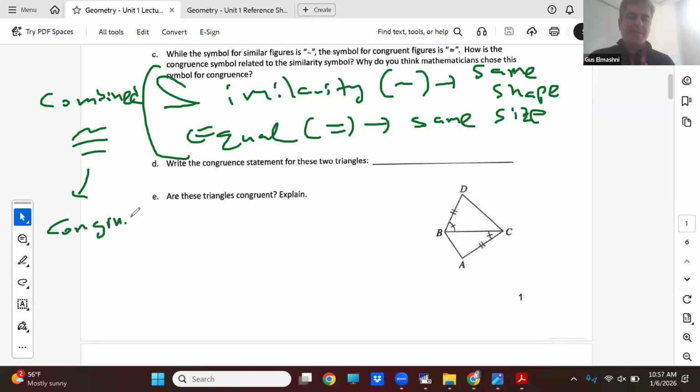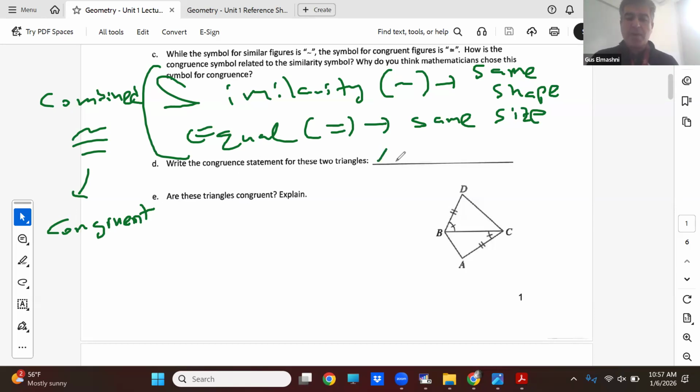I shouldn't say this, but it's kind of dumb, because obviously if they're equal, they're going to be the same shape. It's a formality, really, more than anything else. So that's why it's combined: the equal sign with the little squiggly sign. So write the congruent statement.